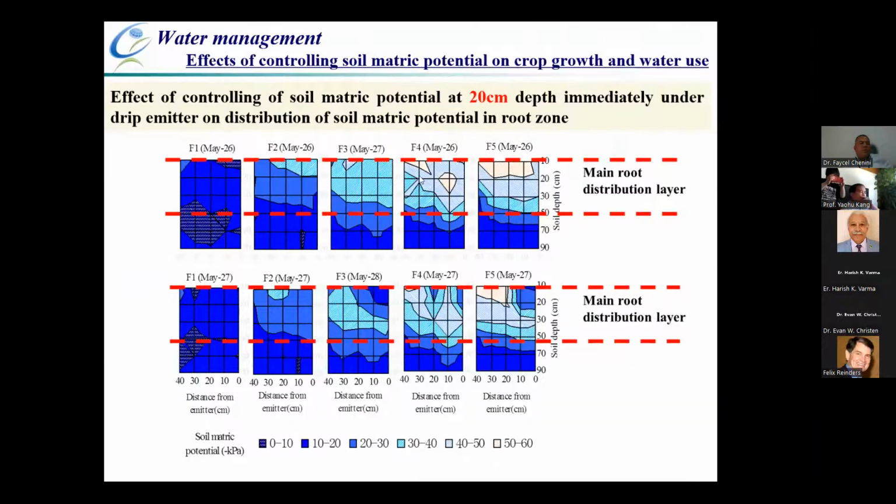So, we found that when we control the soil matric potential at 20 centimeter depth, we can control the soil matric potential in the root distribution zones, both before irrigation and after irrigation.